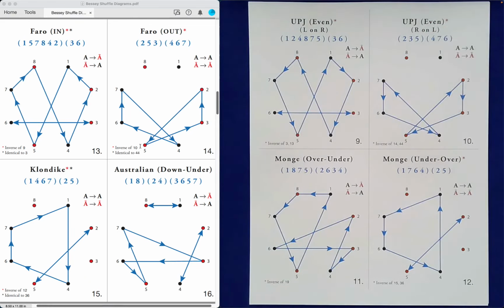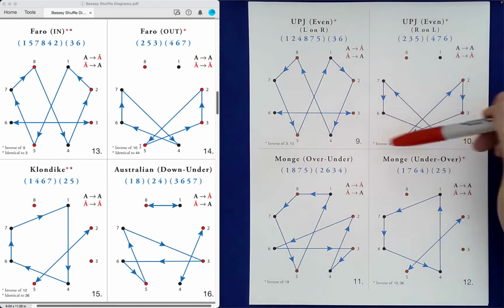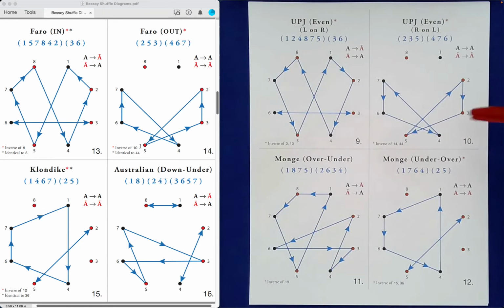And the way that we can tell that this is the inverse of the FARO out is the diagrams are identical except for the fact that the direction of the arrows is reversed. This of course means that if you perform the FARO out followed by an even up jog for which the right pile is stacked on top of the left, it will return that packet of cards to its original order.